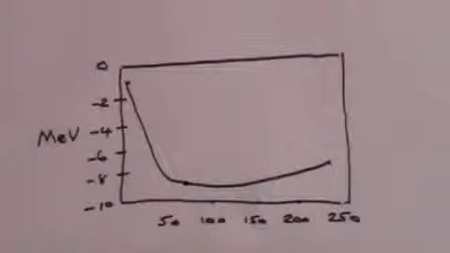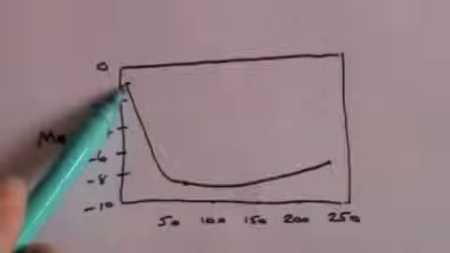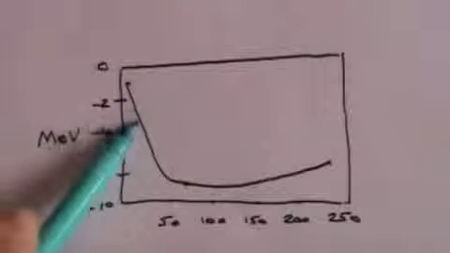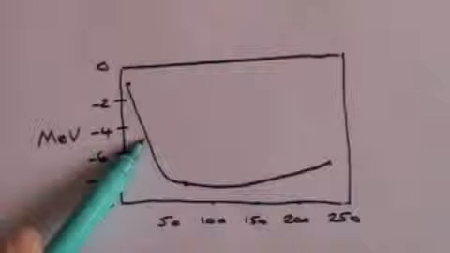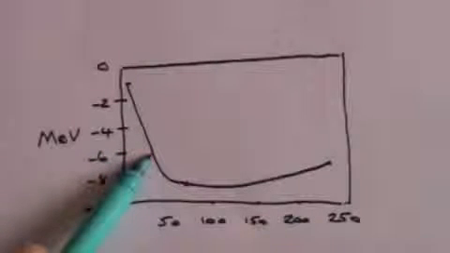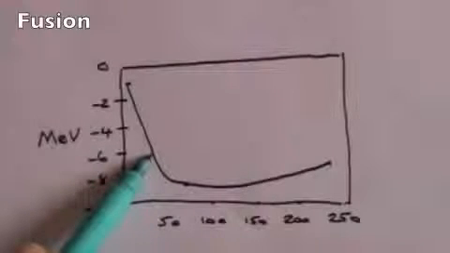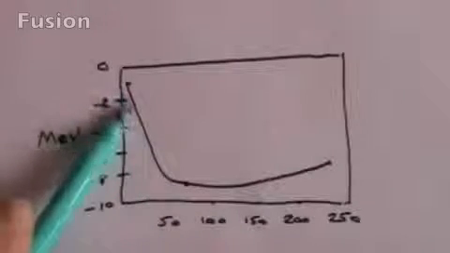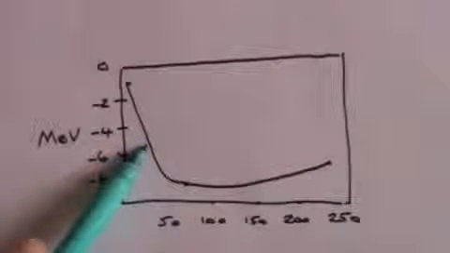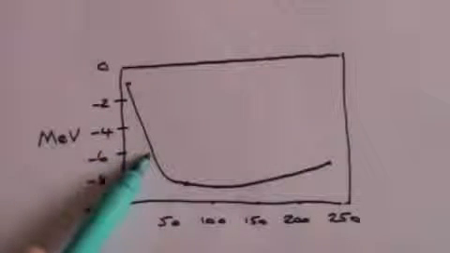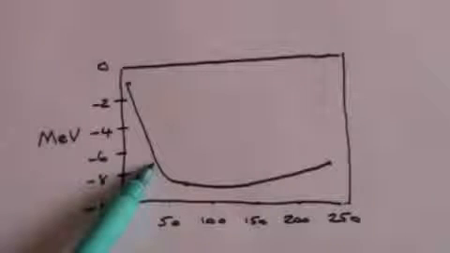What is the meaning of this graph? What it means is that as you build up elements by combining small elements, you will get energy out. That is a process called fusion. The reason that you get energy out is because the binding energy per nucleon is lower in the more massive elements.